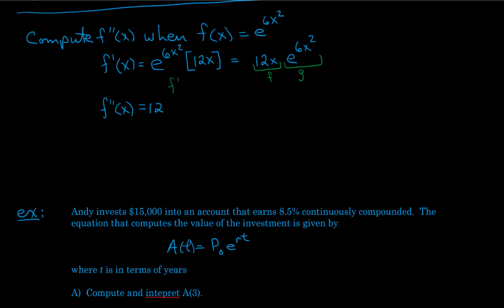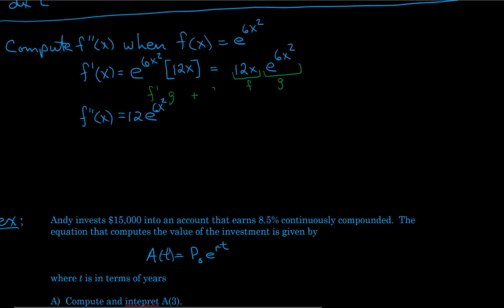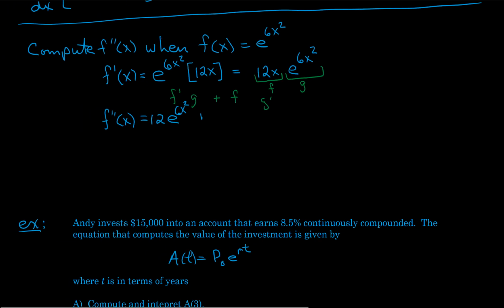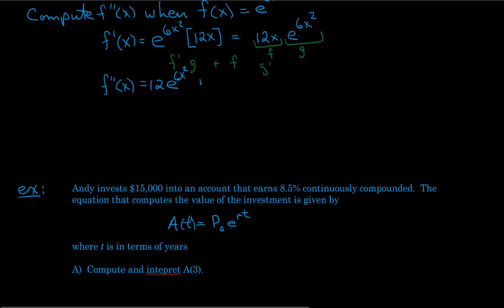Now, with the product rule, it's f prime times g, so we just copy down this e to the 6x squared. Then the second part of the product rule says we're going to do f times g prime. Well, f just says to copy down. Better put my plus sign in here.